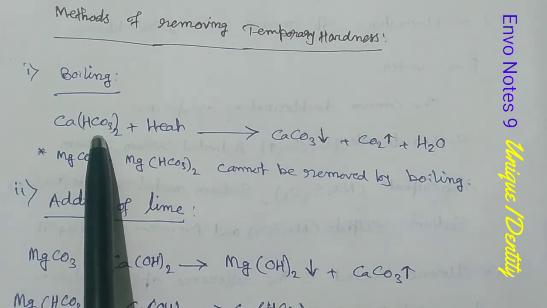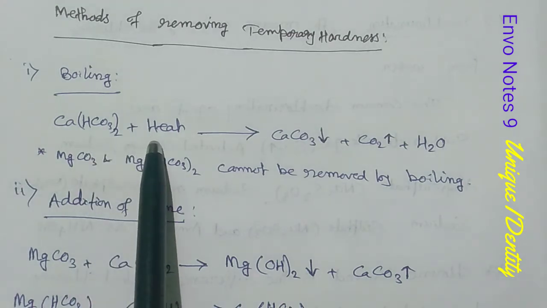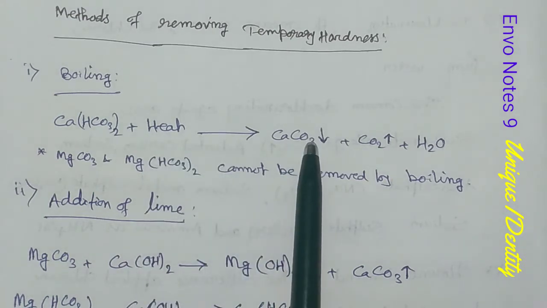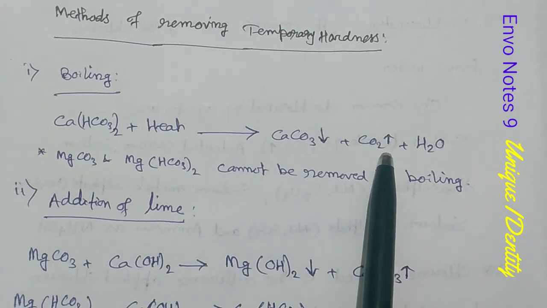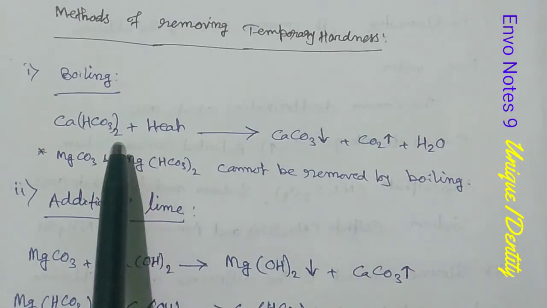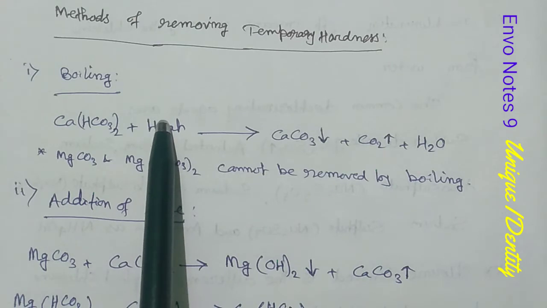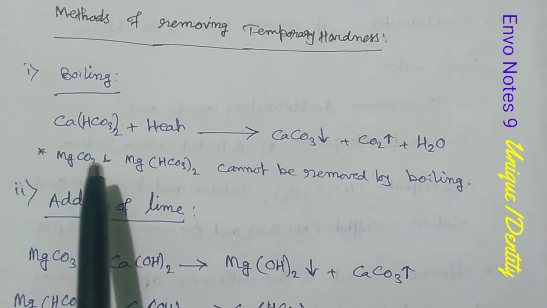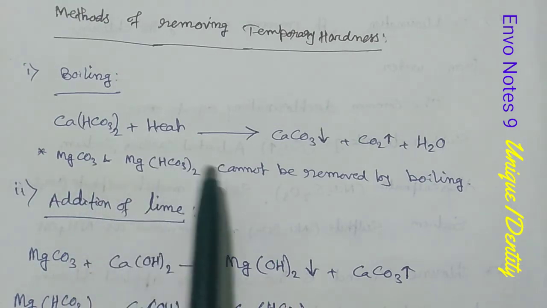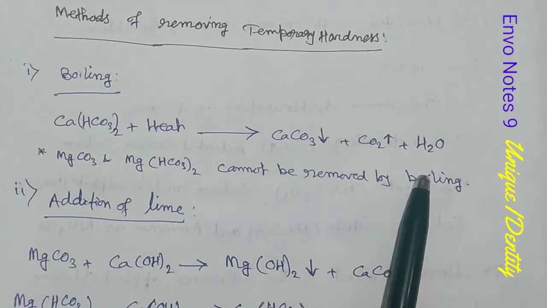When such water is boiled, that means heat is applied, then calcium carbonate will be precipitated and carbon dioxide gas will be emitted. Mind it, as I told you in a previous lecture, magnesium carbonate and magnesium bicarbonate cannot be removed by boiling.